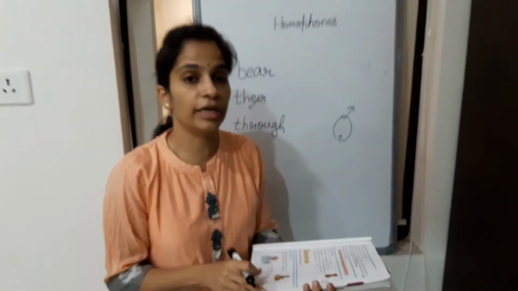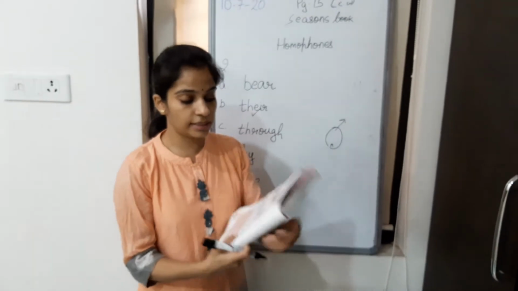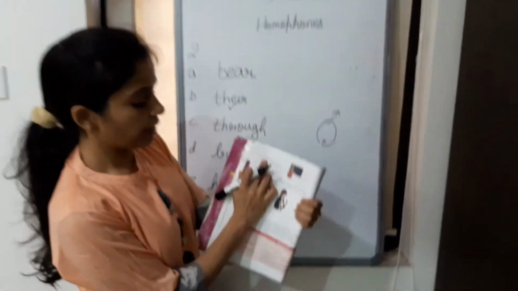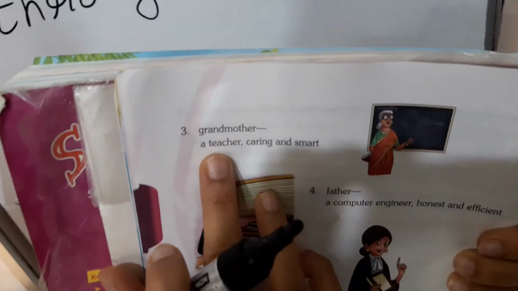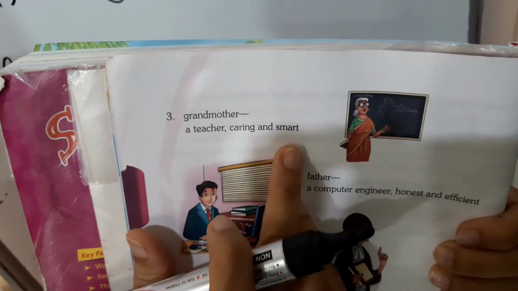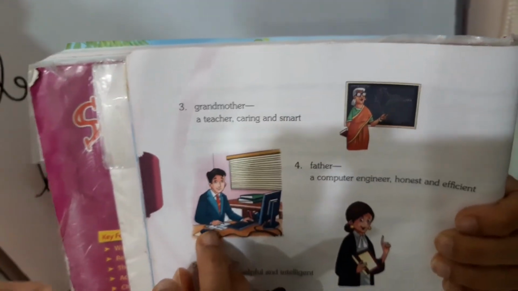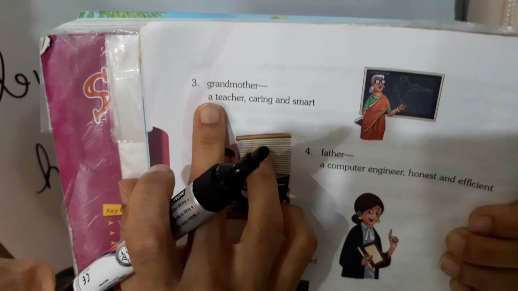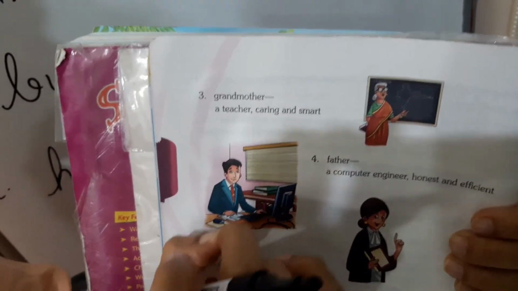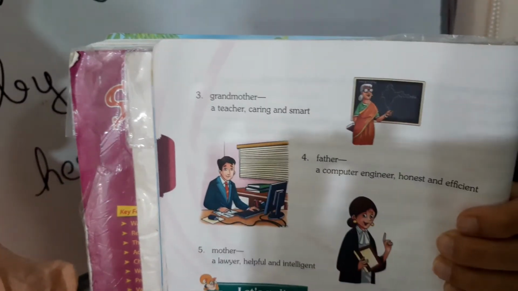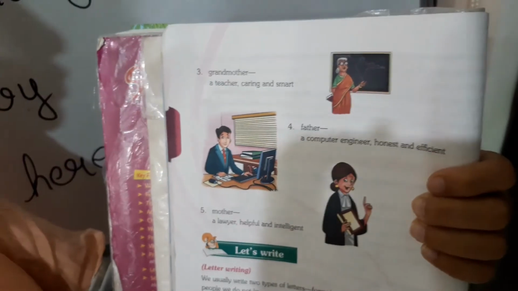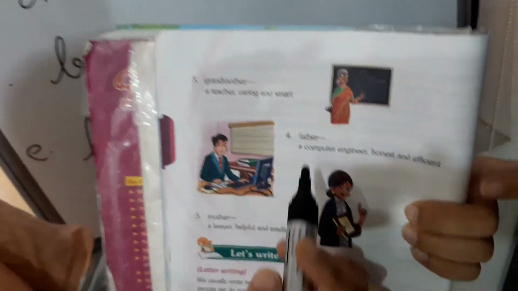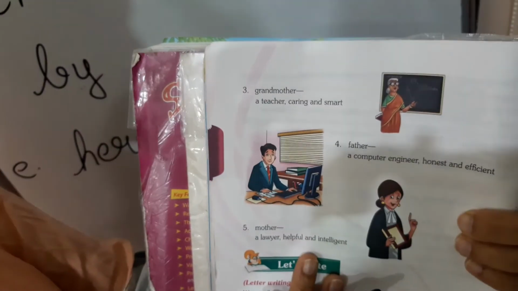Simple sentences you have to speak. The next they are saying, can you see? Grandmother, a teacher, caring and smart. So how do I make a sentence? Grandmother is a teacher. Put a full stop. She is caring and smart. Simple sentences I am going to speak. Father. Father is a computer engineer.